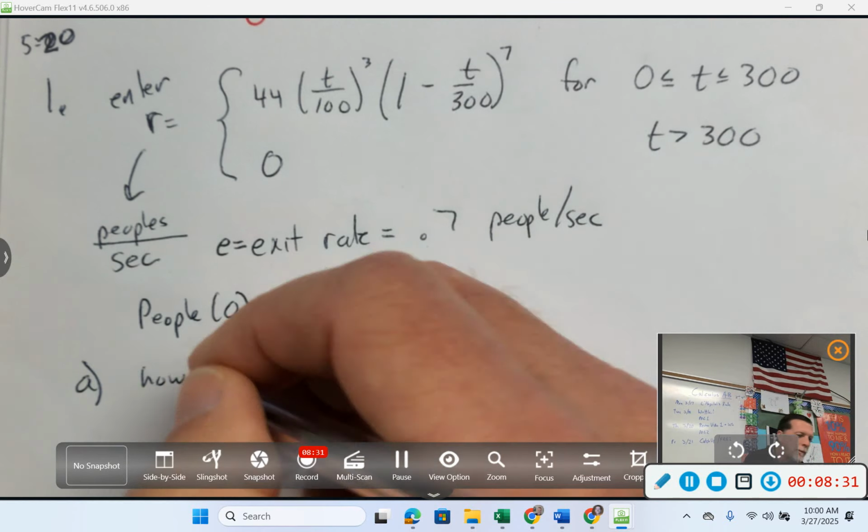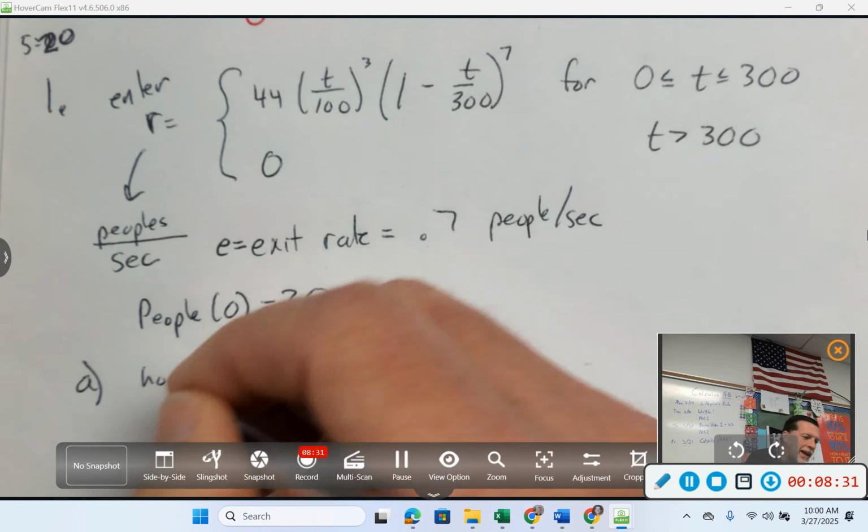So I want how many, that's an amount, enter the line. So what am I going to have to do other than grab a calculator? How do I get the amount if I've got a rate? How do I get from a rate to an amount? Derivative or antiderivative?